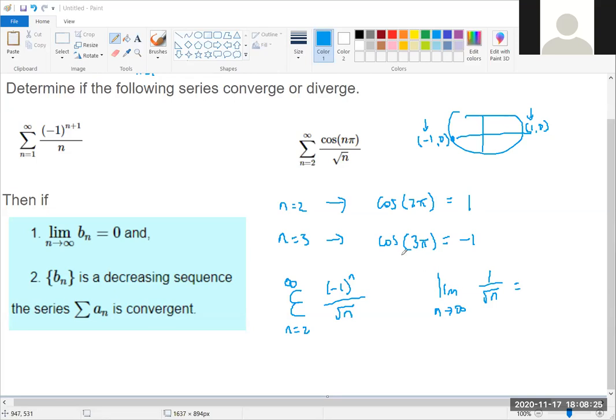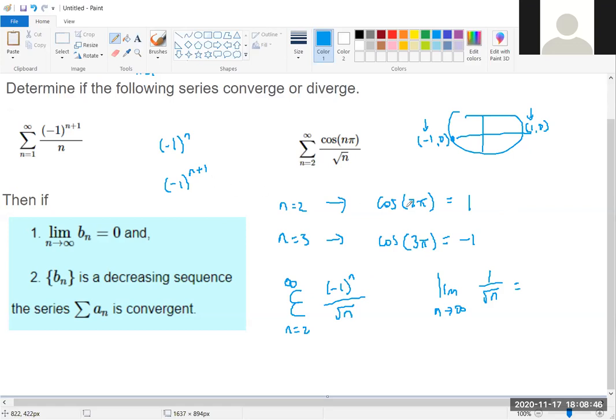I talk about the two forms of the alternating series. One of them starts at -1 to the n and the other one starts at -1 to the n+1.